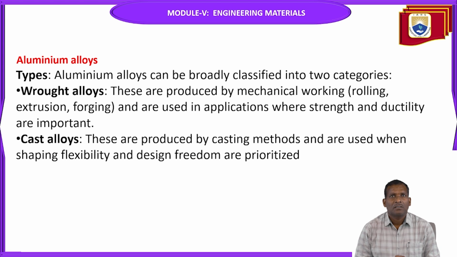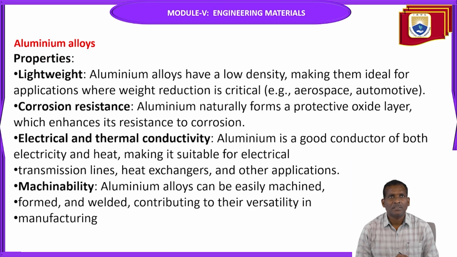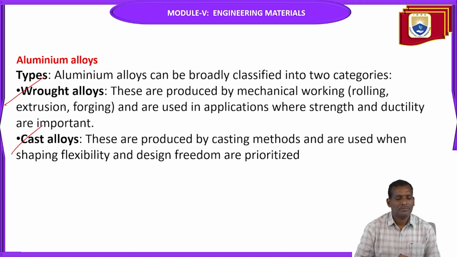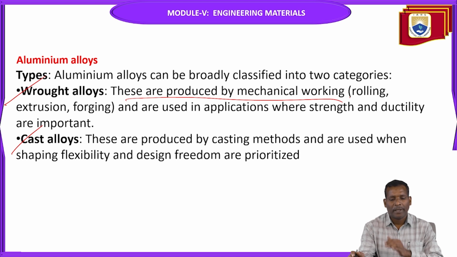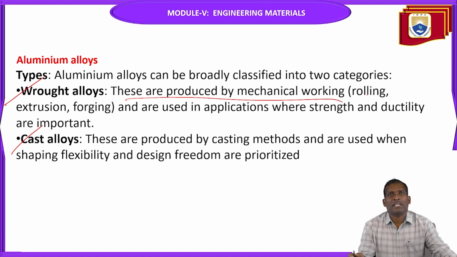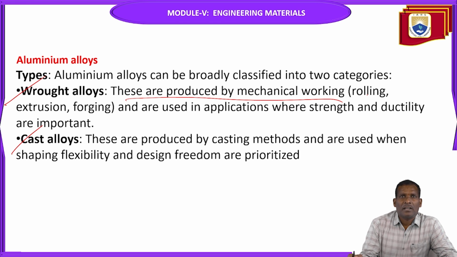In this, two types are there: wrought alloys and cast alloys. Aluminum alloys can be broadly classified into two categories. Wrought alloys are produced by mechanical work, meaning rolling, extrusion, forging, and machining.